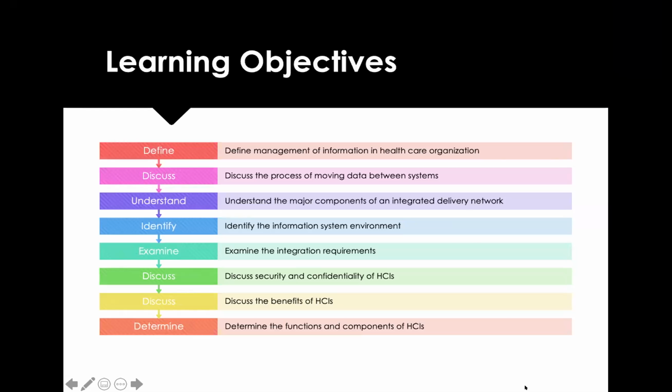Our objectives for this session are defining the management of healthcare information in an organization, defining and discussing the process of moving data between systems, and understanding the major components of an integrated delivery network, okay?